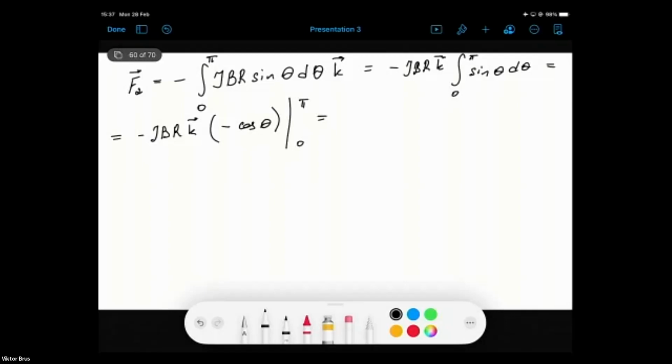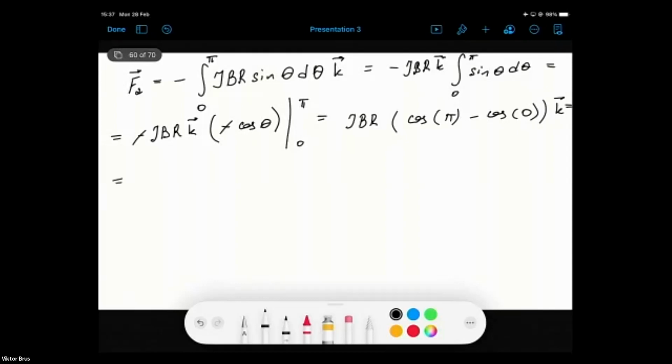So this will be I b r, minus and minus we cancel, cosine pi minus cosine 0, and here k unit vector.